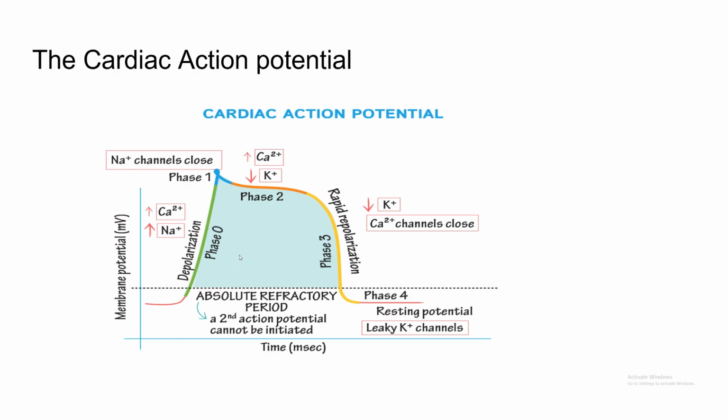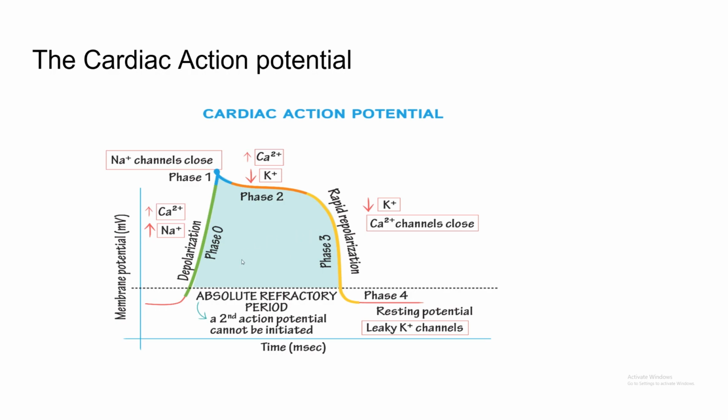And this period in between here is going to come in handy when we talk about cardiac dysrhythmias. Trust me. This right here is the absolute refractory period. During the absolute refractory period, the cell cannot receive another impulse until it's repolarized.